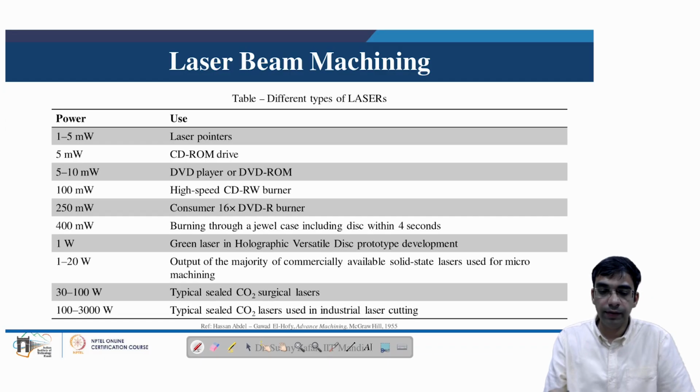Lasers are available in different types, with different classifications. The most important parameter which distinguishes the various lasers is the power.